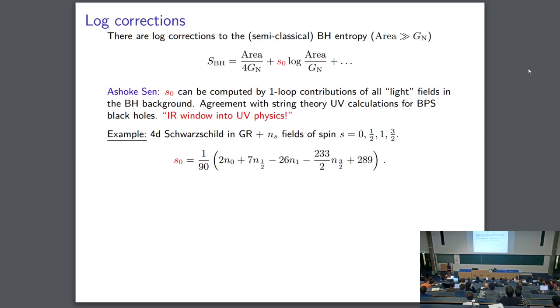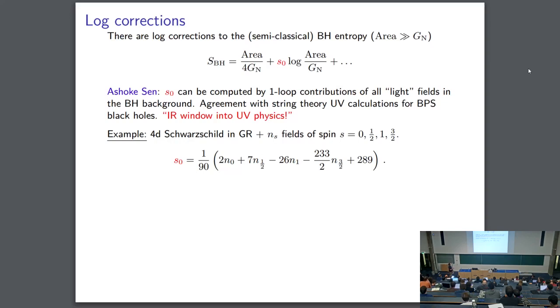So the reason this is a reliable analysis, which he called an IR window into the UV physics, is that you can do a purely EFT analysis in the low energy GR limit and capture some information, the coefficient of the log term, which should also be obtainable microscopically. The reason that this works is this scaling limit, which you should use in an essential way, that the area of the black hole is much bigger than G Newton, meaning that this is some kind of controlled semi-classical approximation.